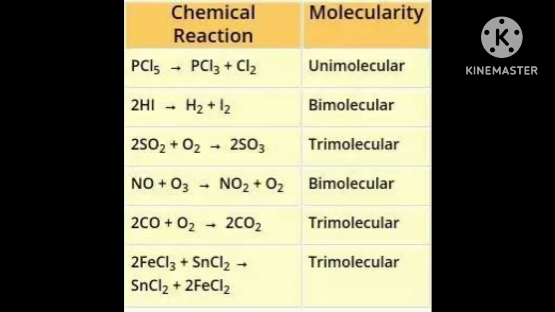Here we can measure the rate of this reaction as a function of initial concentration, either by keeping the concentration of one of the reactants constant and changing the concentration of the other reactant, or by changing the concentration of both the reactants.